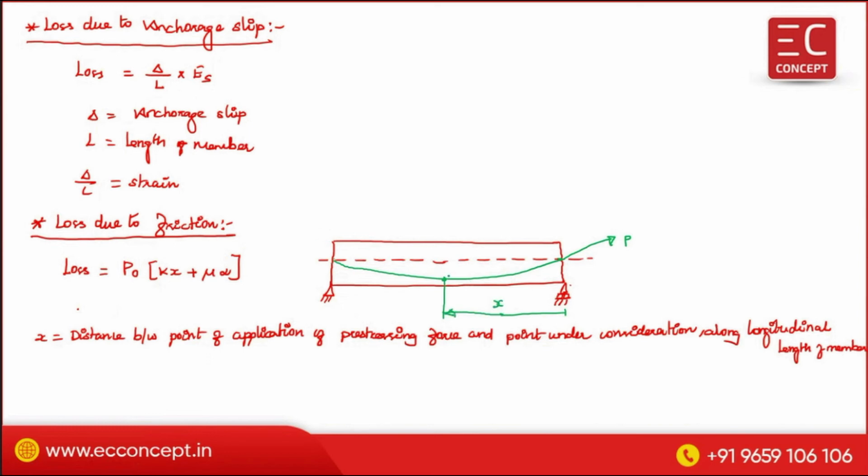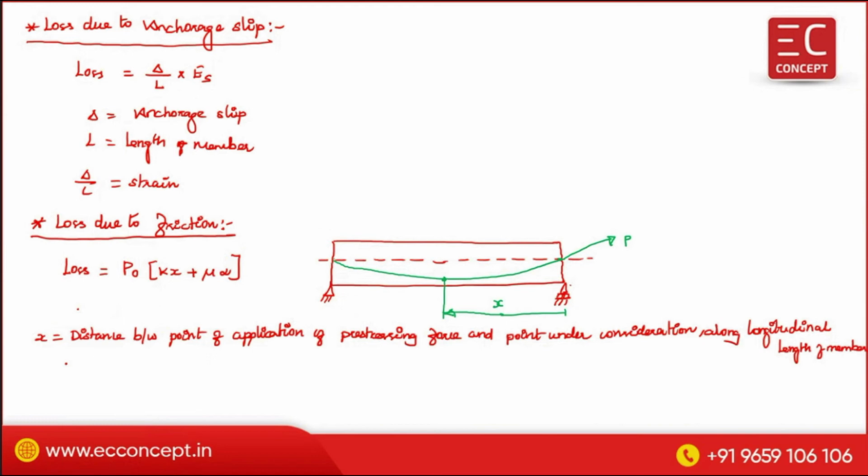If you want to find out the loss at this point due to friction, then you have to measure x from the point of application of pre-stressing force to the point where we are considering. Okay, now next point, x is over.